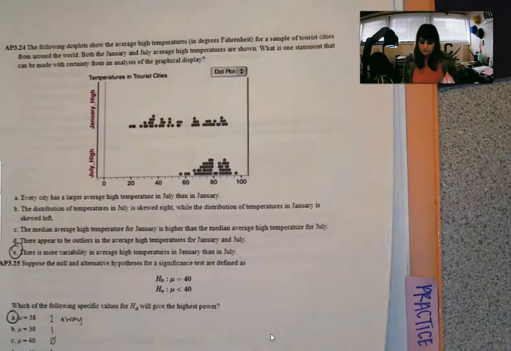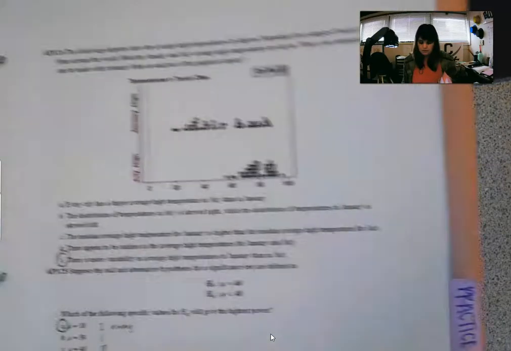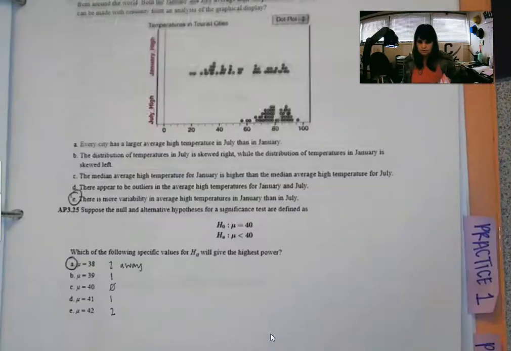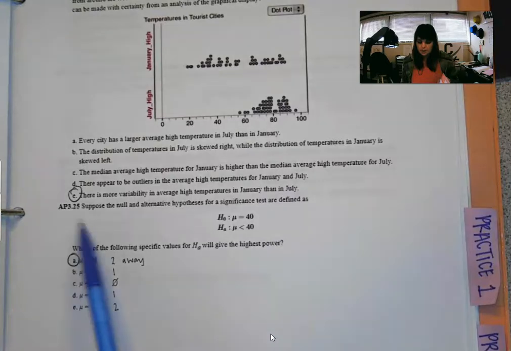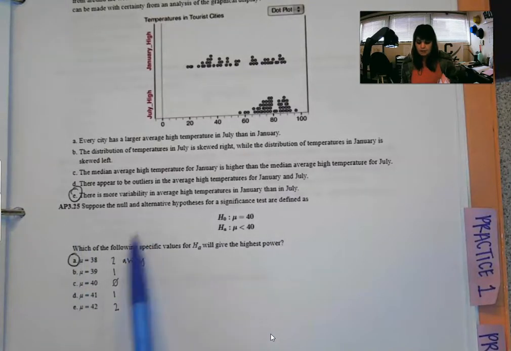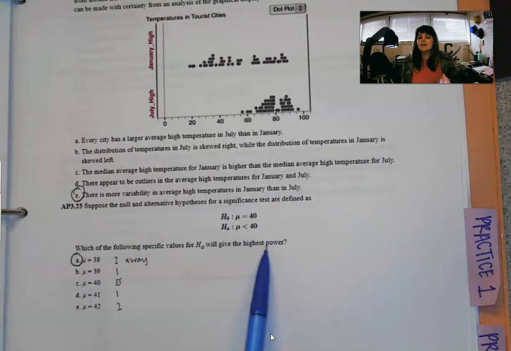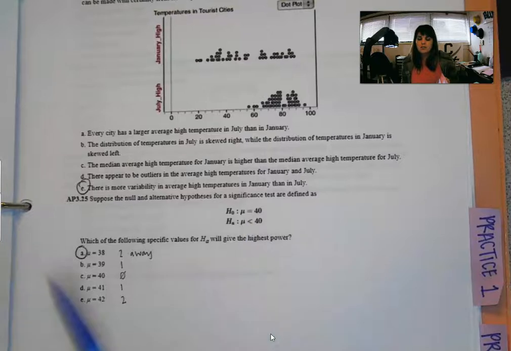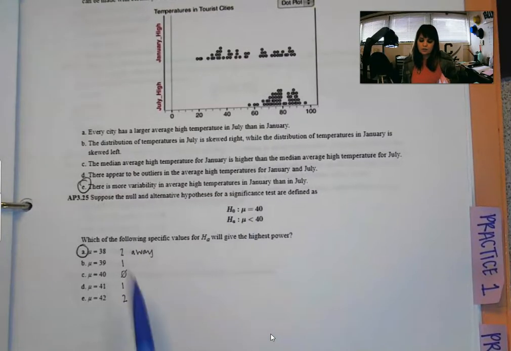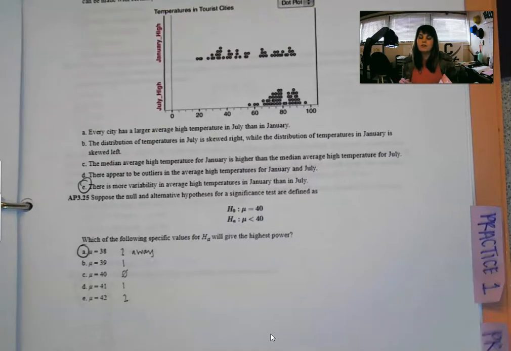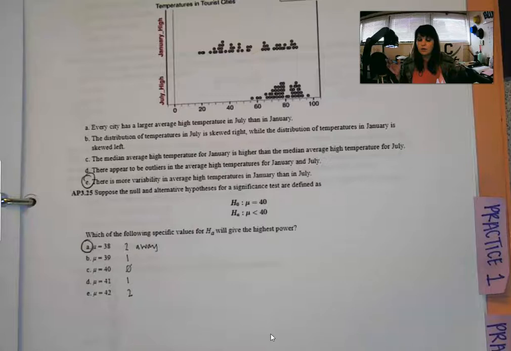50. On number 25, which of the following has the highest power? We mentioned this in our notes, but this is a really good example of it. The observation that has the highest power is the one that's farthest away from the claimed value.